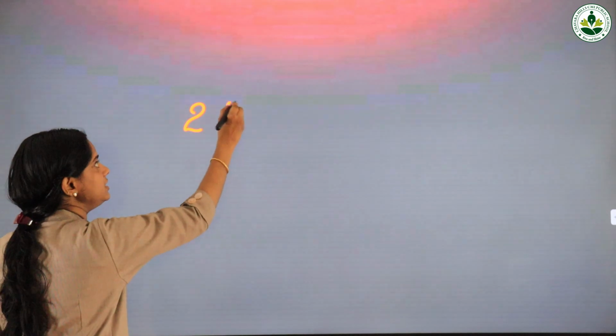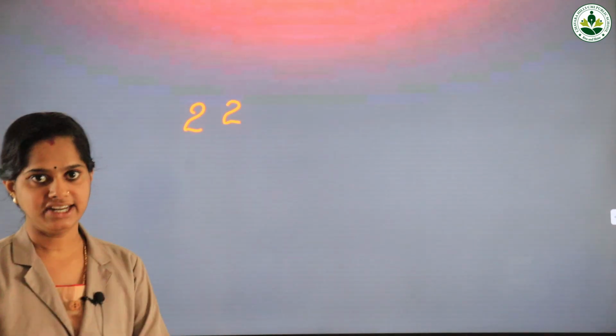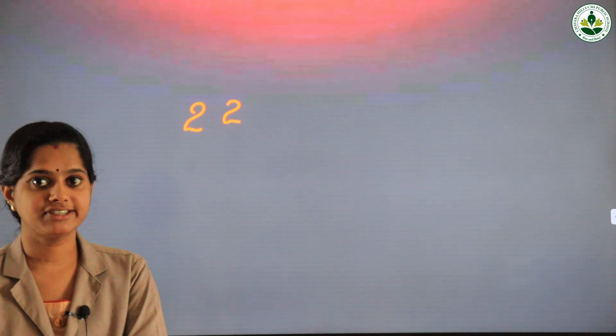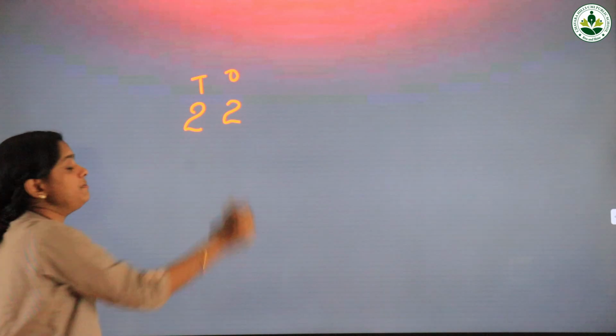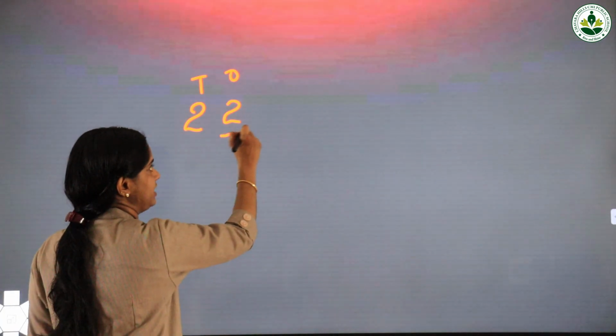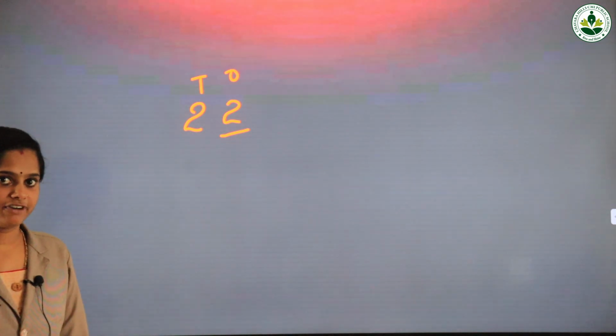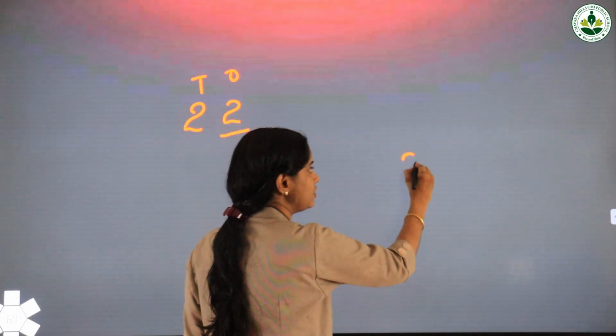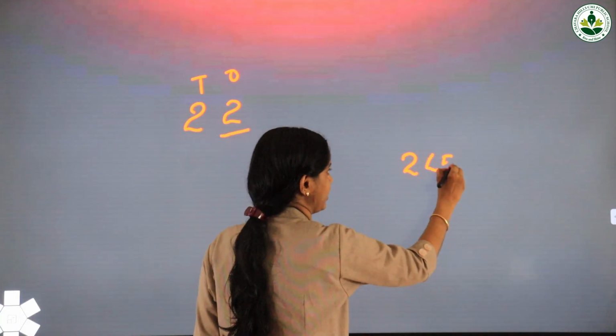Another example. 22. Round off 22 to the nearest 10. What is the first step? Look at the digit in the ones place. Here it is 2. If it is less than 5, we all know that 2 is less than 5.